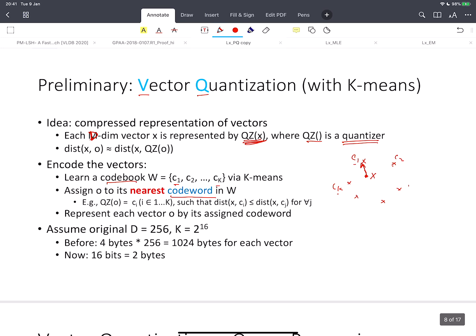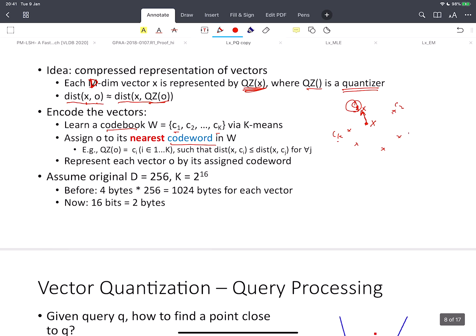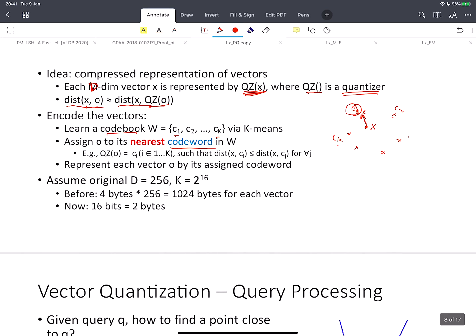Okay, and once we can do that, then we can actually say that the distance between x and O can be approximated as the distance between x and the quantized version of O. Okay, quantized version will actually become one of the centers, one of the code words. Okay, code word we also call it centers because essentially we are going to use k-means to do that, and k-means for each of them is a center or centroid.